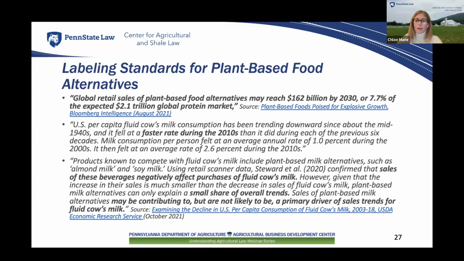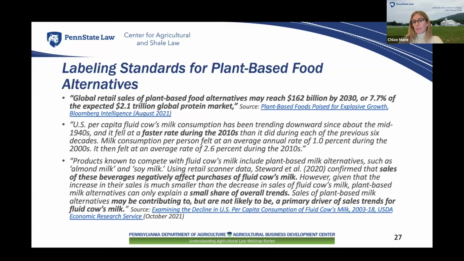So this draft guidance on the labeling of plant-based milk alternatives came after the fast-growing market for plant-based dairy alternatives had the US dairy industry a little bit worried as consumption and sales of fluid milk beverages started to decrease in favor of plant-based alternatives.